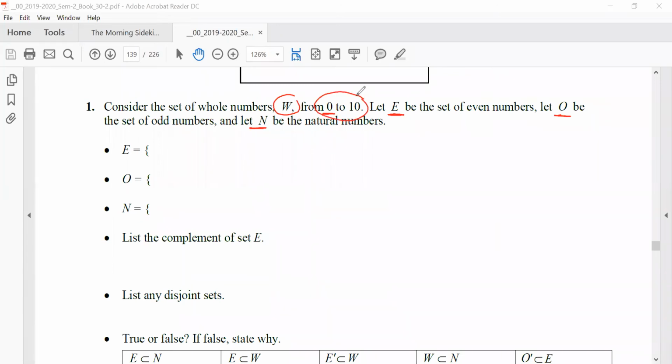Even numbers. First thing I need you to know, 0 is an even number. The definition of an even number is divisible by 2. So 0 divided by 2 is 0. 0 is even. Odd numbers are not divisible by 2.